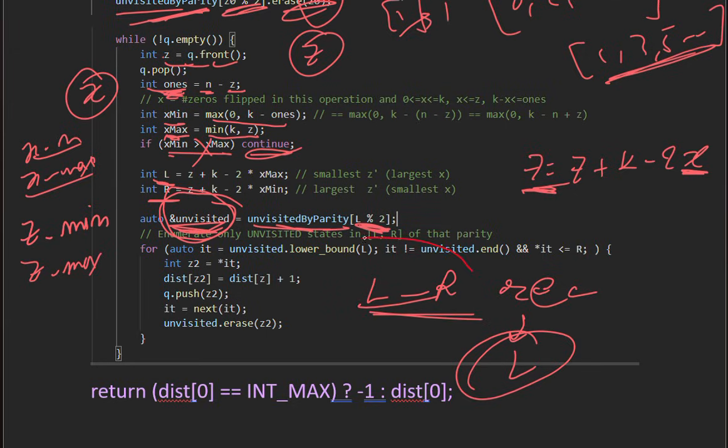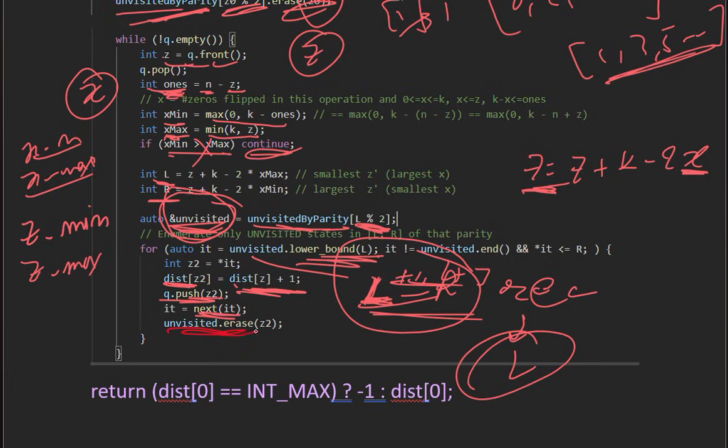So from all the unvisited states, we'll take the smallest unvisited state which is closer to L. It can be either L or L plus 1 or L plus 3 and so on, right? So we'll take that using lower bound, and once we get that, we'll mark its distance as distance of z plus 1, push that into the queue, move to the next iterator and mark it visited, right?